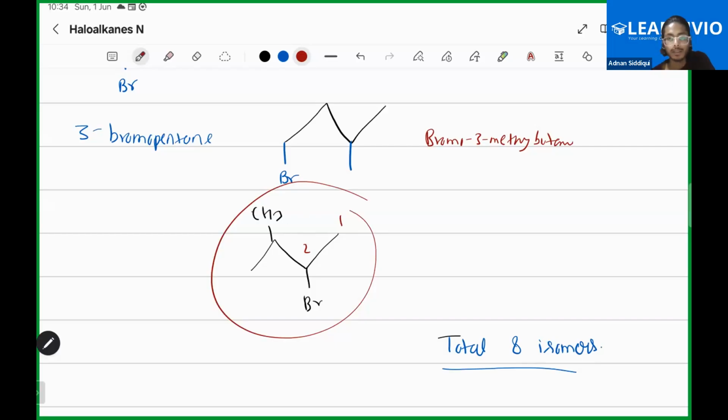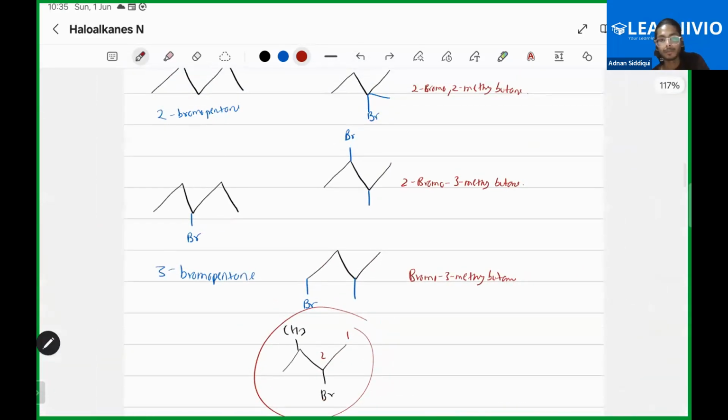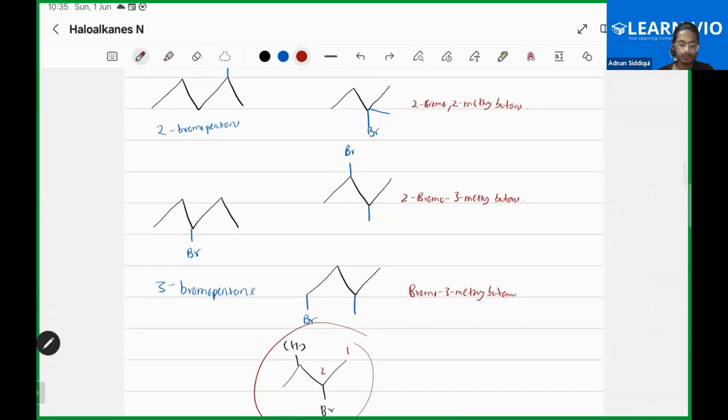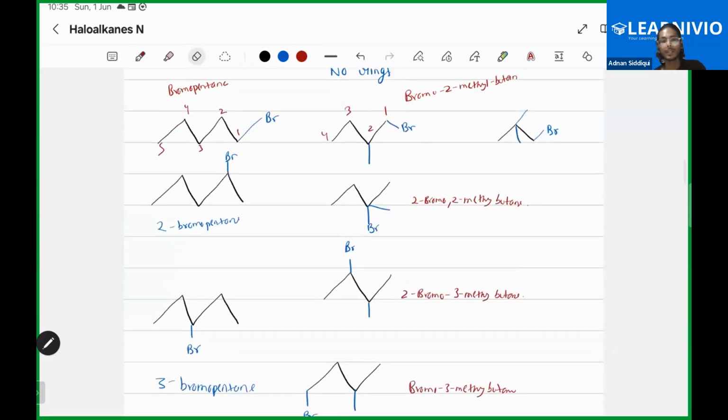The possibility of getting 2-methyl 3-bromo is not valid. That name is not valid, right? If you draw it like this, you always write 2-bromo 3-methyl. So here there are no further possibilities to draw isomers with a butane chain.